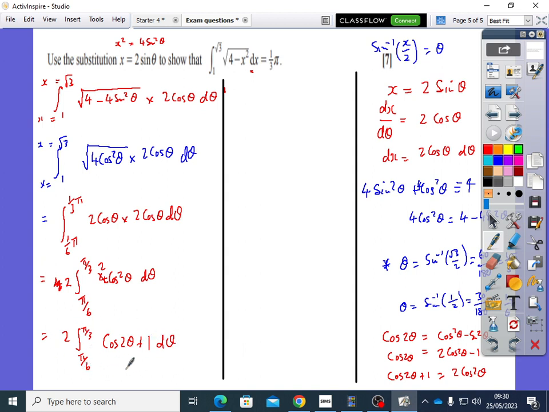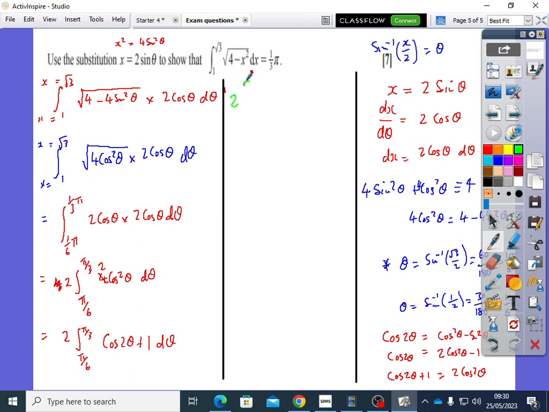Now I've got everything I need to integrate, because I've got everything in a single trig function, and I've just got a constant there, and another constant outside. So I'm ready to integrate now. Keep the 2 outside.